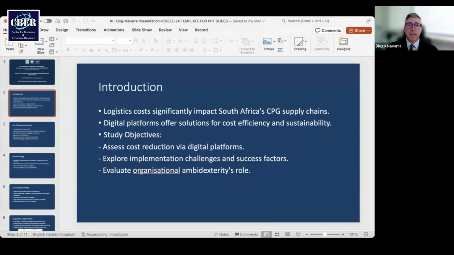The idea is also to appreciate this in the context of an emerging economy, emphasizing whether digital platforms can lower route-to-market costs, any challenges faced, and how organizational ambidexterity influences the successful implementation of digital platforms.